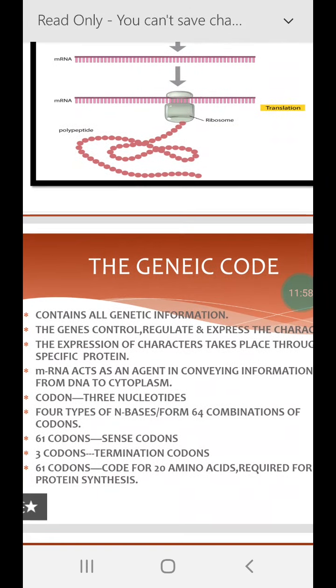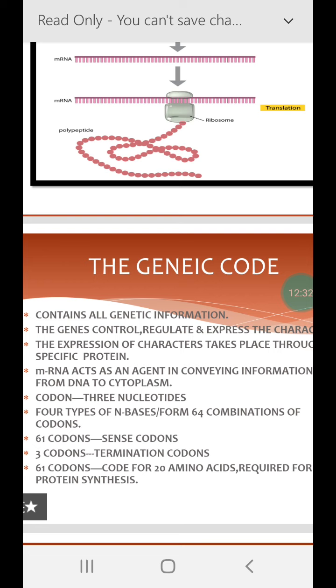Now coming to the genetic code. What is the genetic code? It contains all genetic information. The genes control, regulate, and express the characteristics, or you can say characters. And the expression of characters takes place through a specific protein.